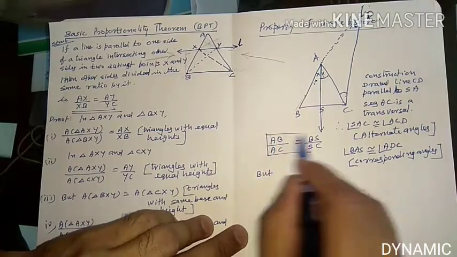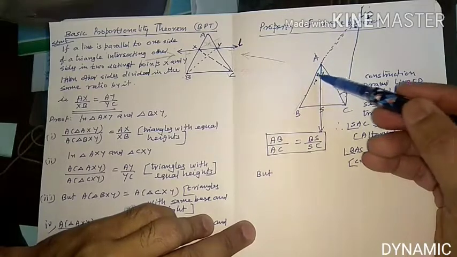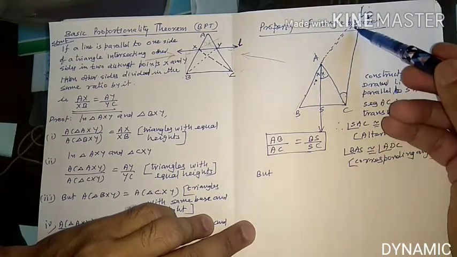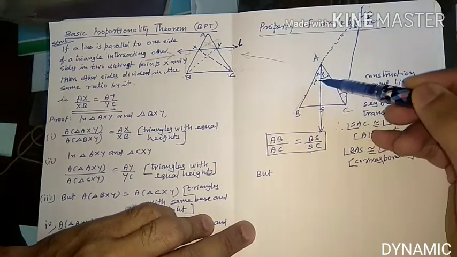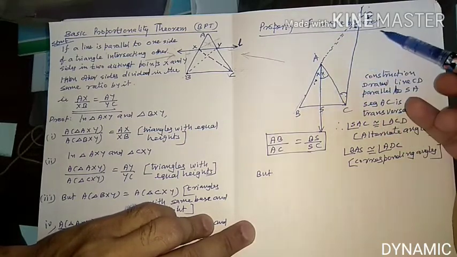But this is what you have to prove. I put it in a box. But these two angles are congruent. See here, this angle is congruent to this, and this angle is congruent to this. But these two angles are congruent, so their corresponding congruent angles are also congruent.